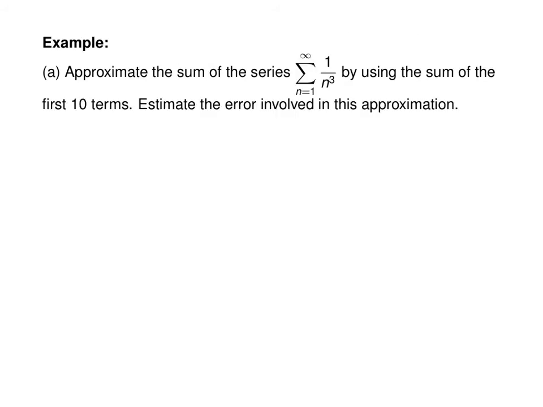So let's approximate the sum of the series from n equals 1 to infinity of 1 over n cubed by using the sum of the first 10 terms, and then let's find the error involved in this approximation. So the sum from n equals 1 to infinity of 1 over n cubed is about equal to the 10th partial sum, which is the sum from n equals 1 to 10 of 1 over n cubed.